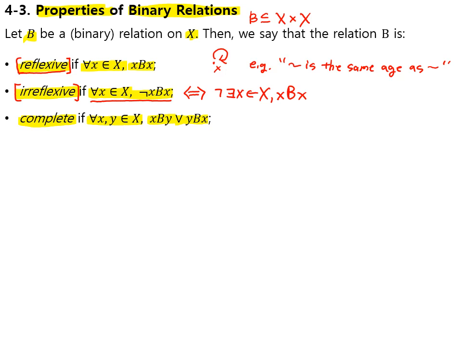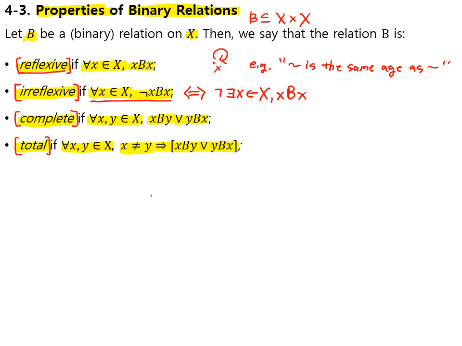The next one is a similar property called totality. This says that for every X and Y in set X, such that X and Y are different, so X and Y are not the same, then either X bears the relation to Y or Y bears the relation to X. So the two properties, completeness and totality, are very similar.